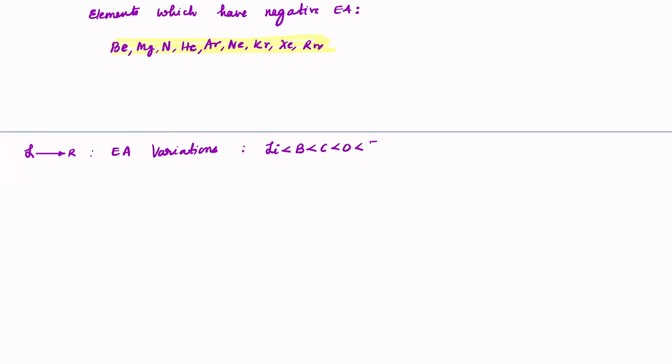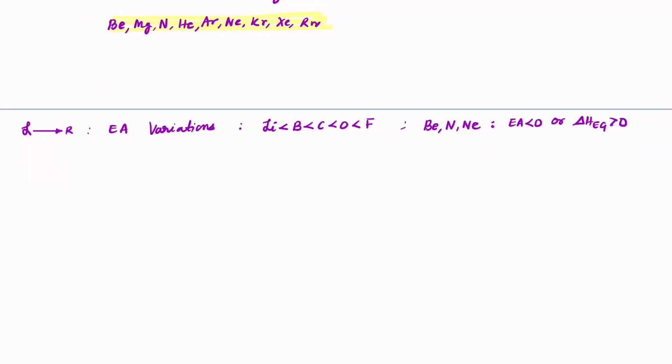Correct? Which of them have we eliminated here? Beryllium, nitrogen, and neon. Why did we not include them? Because these will have electron affinity negative or delta H electron gain enthalpy positive value. This is from left to right.